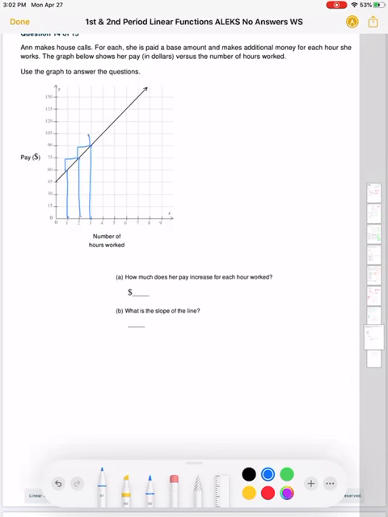How much money, what's that dollar amount between each one? I'm going to make you figure that out. Remember that slope is your up and down, which in this case is a dollar amount, over your left and right, which is your number of hours. So once you've answered letter A, you actually have your answer to letter B. You're just going to put it in a fraction form. If you have any questions, you know where to find me.